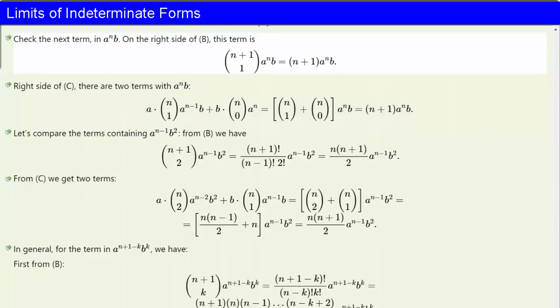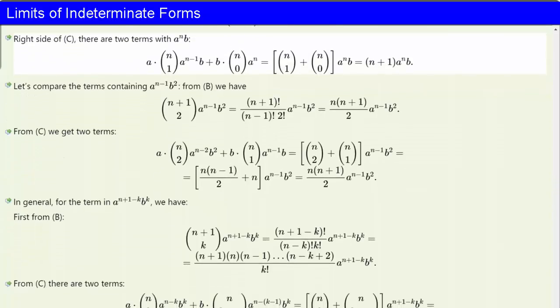Now let's check the next term, a to the nth power, b to the first power. On the right side of B, this term is (n+1 choose 1) a^n b, and when you calculate that, that's just (n+1) a^n b.